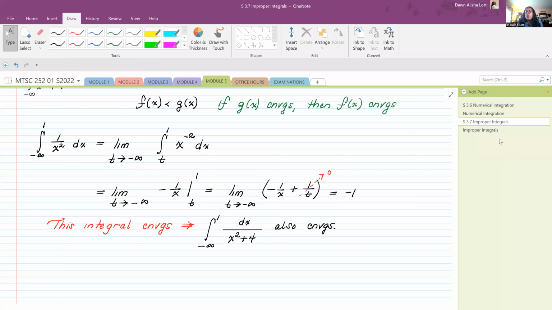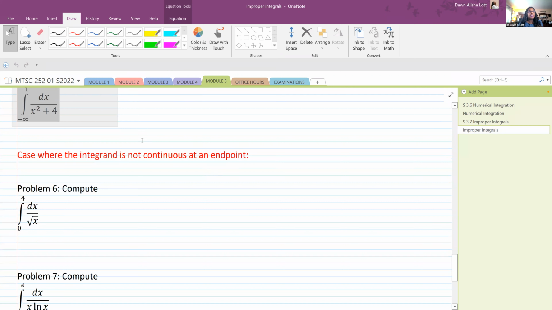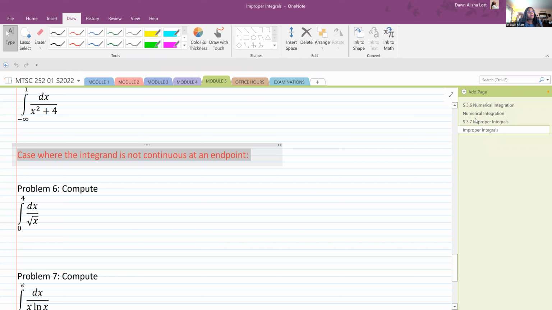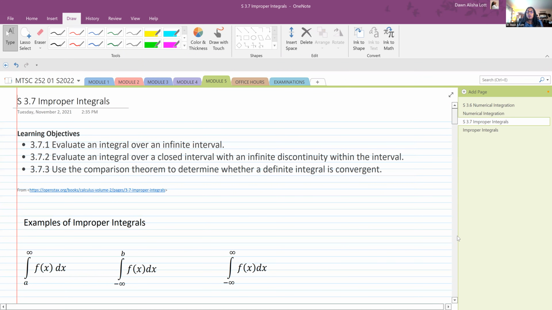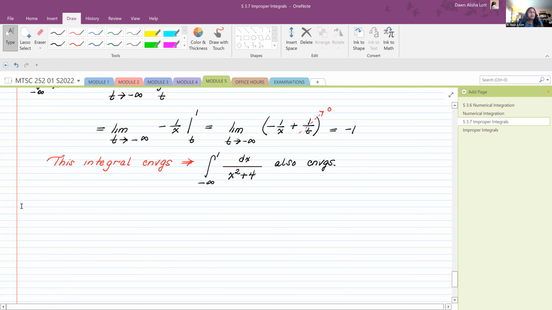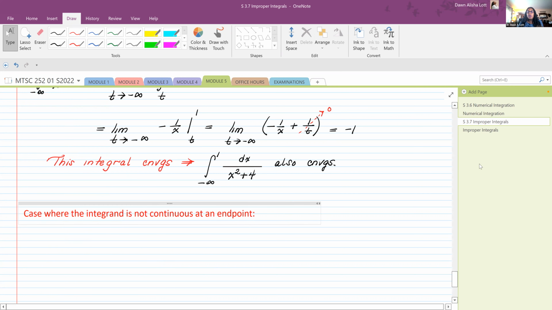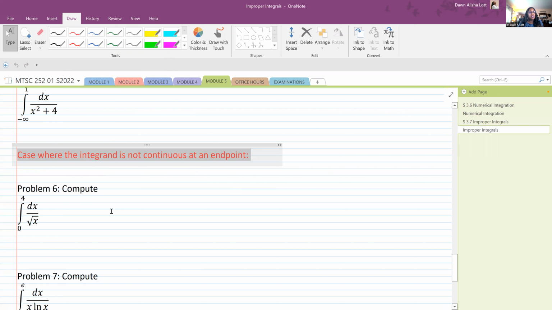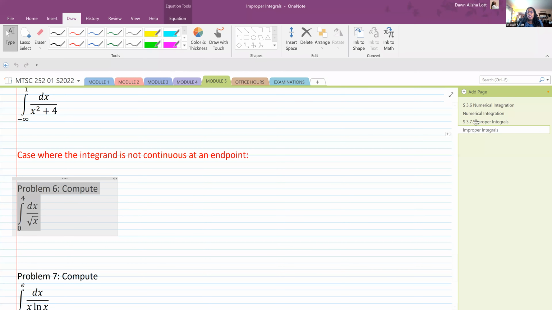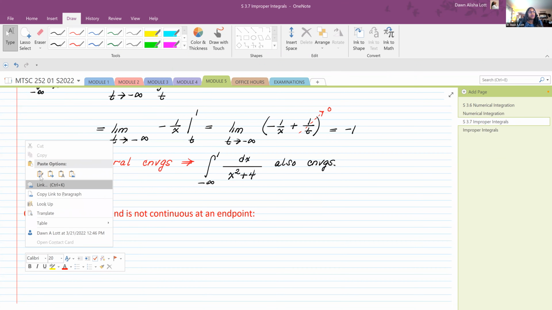Okay, we still have 4 minutes, so I'm going to do this one last section. So what's the case where the integrand is not continuous? So some of these will work and some of these will not. Okay. So this is one, like I said in the beginning, where the integrand is not continuous at one of the boundary points or the endpoints.